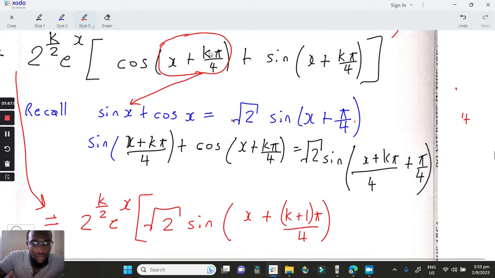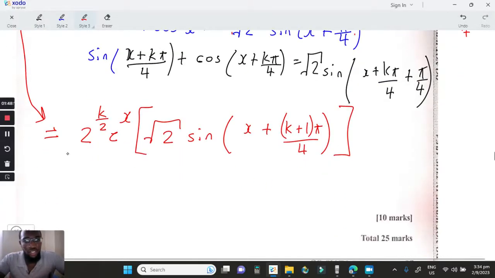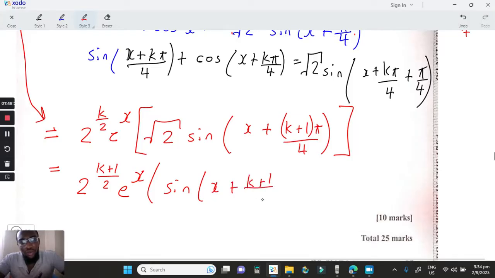Where x is, I put x plus k pi over 4. And remember, just to not confuse you, this is what it is. Alright, so now that I get this, I'm finished, because root 2 times 2 to the k over 2 is really 2 to the (k plus 1) over 2, because this is a half, and k over 2 plus a half is (k plus 1) over 2, times e to the x times sin(x plus (k plus 1) over 4, all of that times pi).